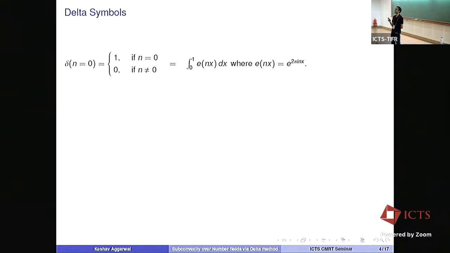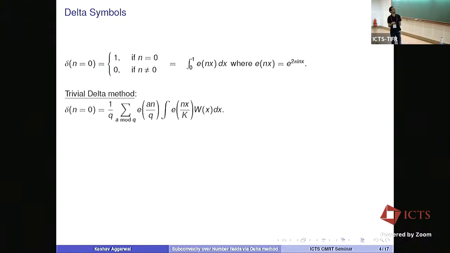So over here we are looking at integers, and you can detect whether an integer is 0 or not using this particular integral, where the notation is that e(nx) is e to the 2 pi i n x. So if you integrate this over the circle, you will get 1 exactly when n is 0, you will get 0 otherwise. And there are various delta methods floating around that people have utilized.